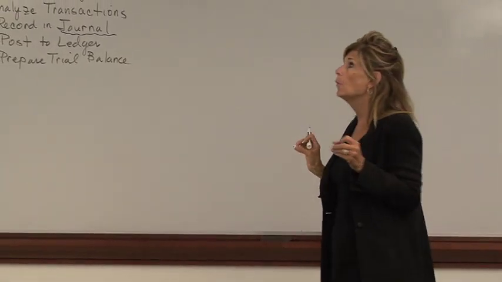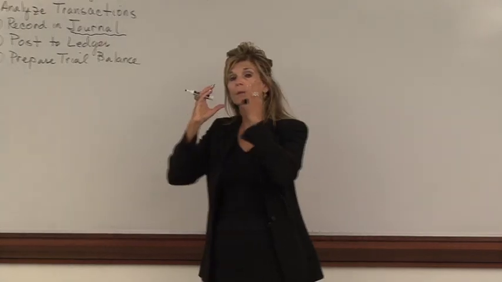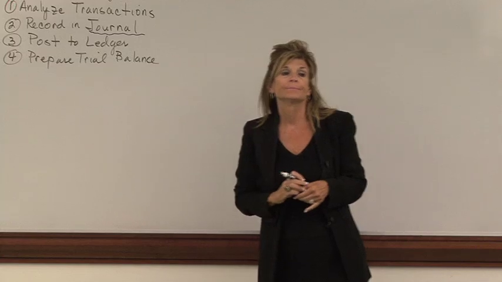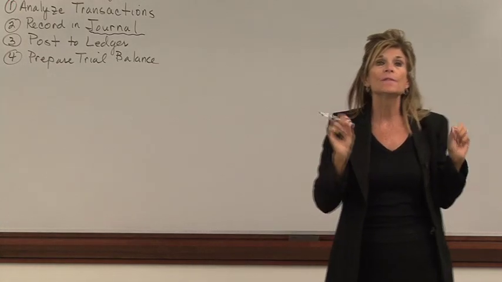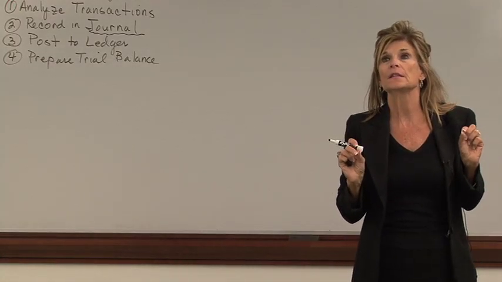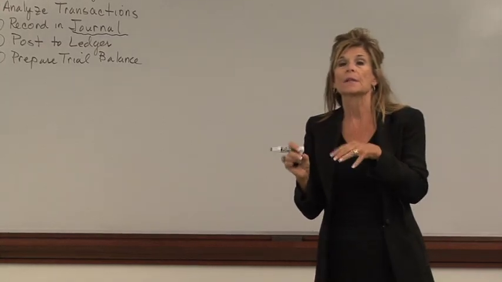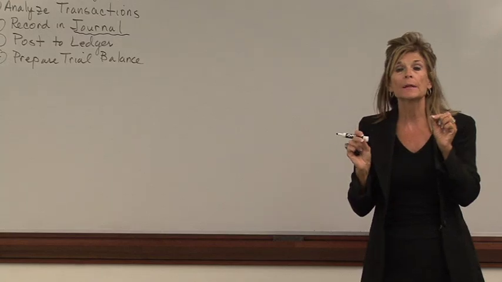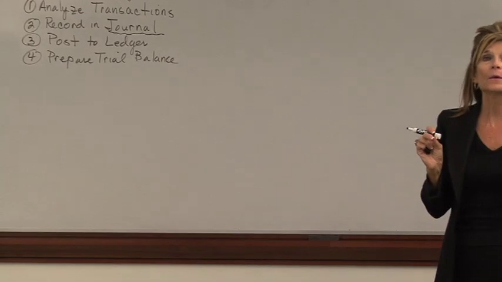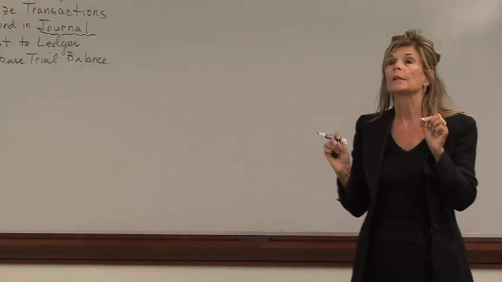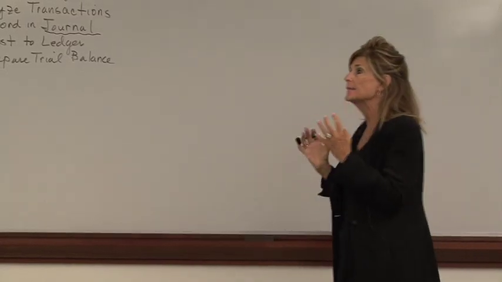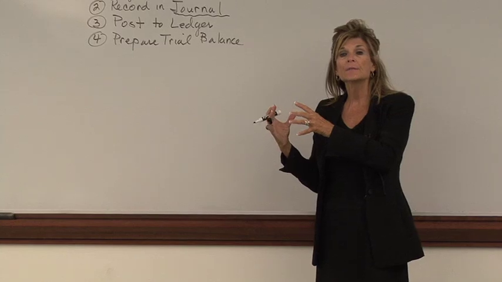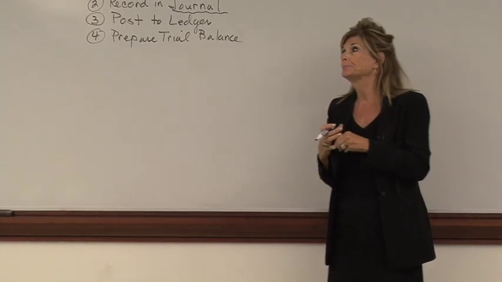Once you're done with the journal entry, which shows the global or the big picture, we then go to the ledgers. And that's where we show the individual impact of a business decision on individual accounts. Every asset, every liability, every owner's equity or stockholder's equity account has its own individual ledger. We keep the asset accounts together in the ledger, then we go to the liability accounts, and then finally the equity.